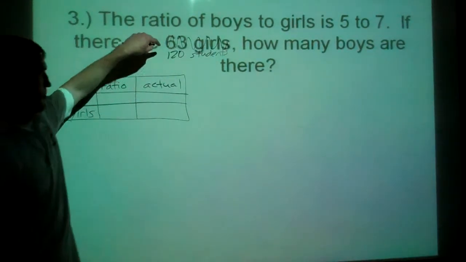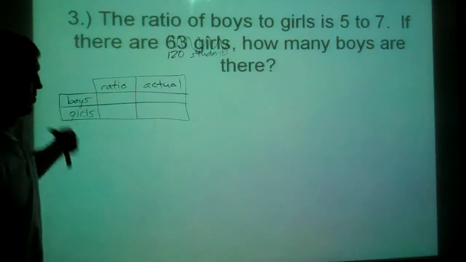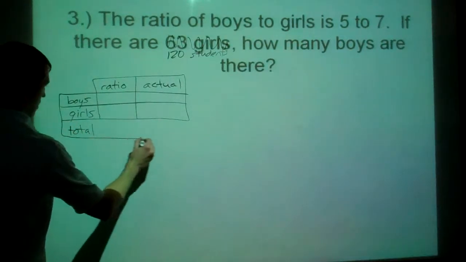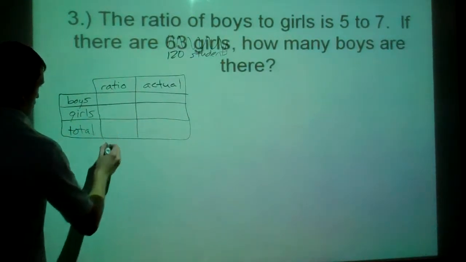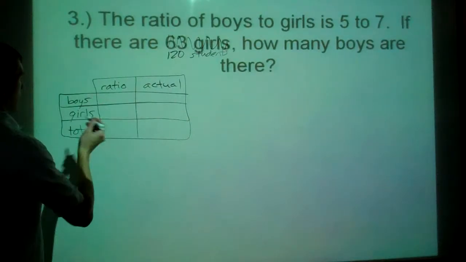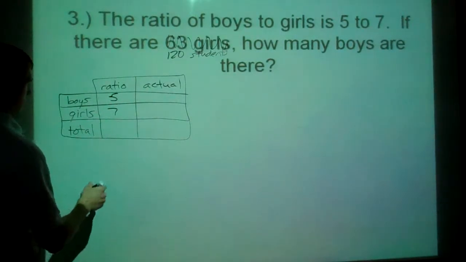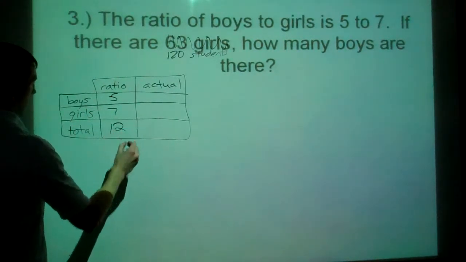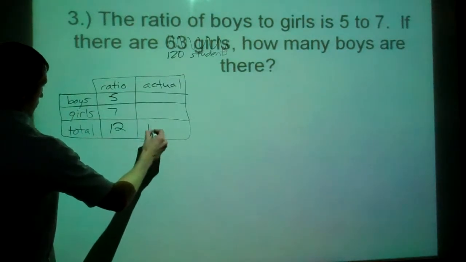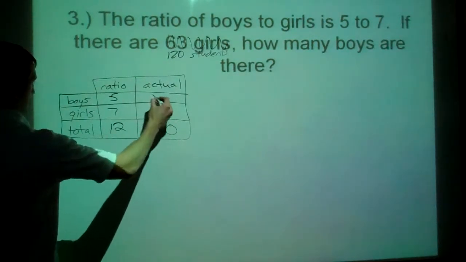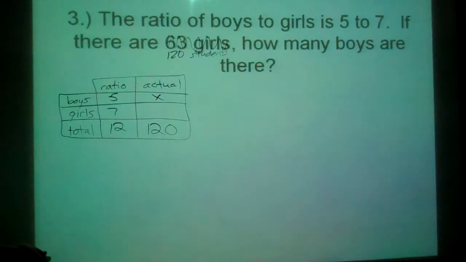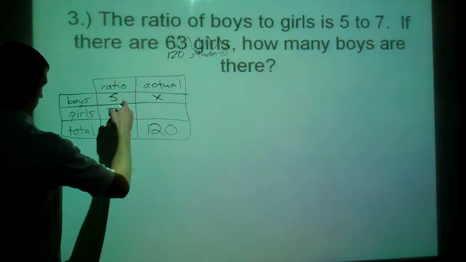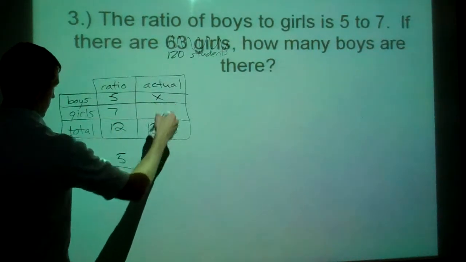Now this doesn't specify boys or girls, this is 120 students total. So what we have to do is add on a total row to our chart, and then we fill in from there. Boys to girls is still 5 to 7, but remember for total, we add up our column, so 5 plus 7 is 12. We know there are 120 actual total students, and we are searching for boys still. Alright, so we could set up our proportion again, 5 over 12 equals x over 120.